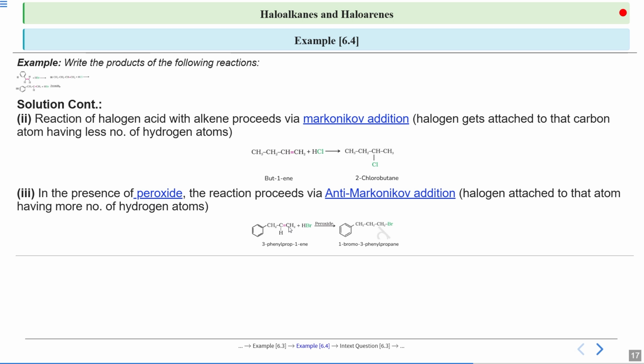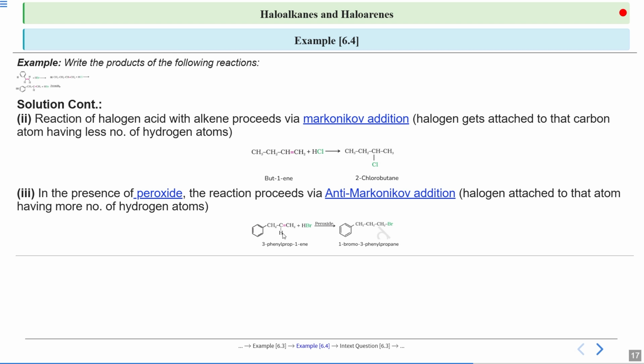It is reacting with hydrogen bromide, and bromine will attach to the double bonded carbon containing more hydrogen atoms. So the more hydrogen atom containing carbon is this one, right? So you will get 1-bromo-3-phenylpropane as a major product after the bonding of bromine on this very first carbon.